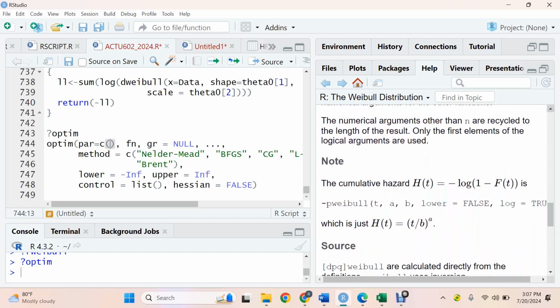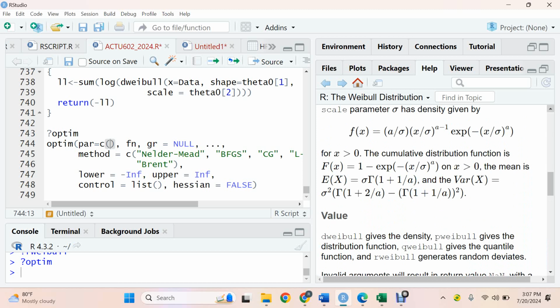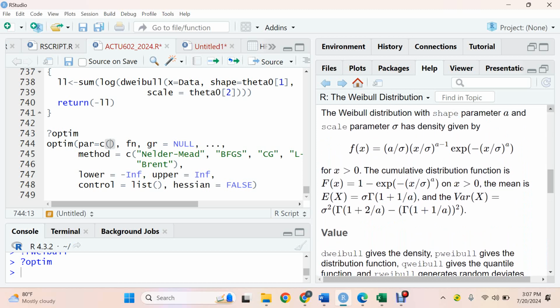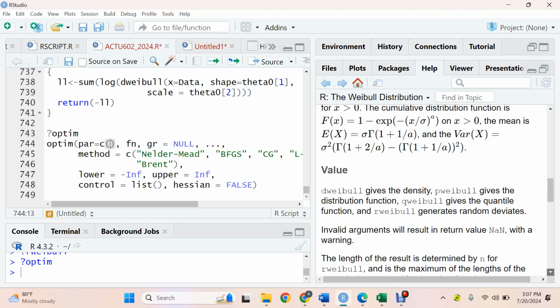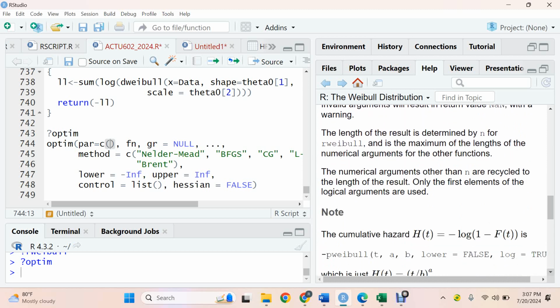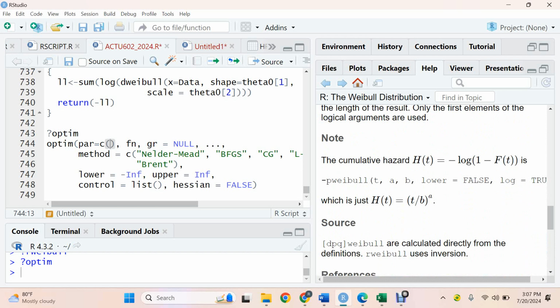The shape, let's see. If I have this as positive, if it is negative, so let's just pick 1. We'll pick, let's say, 1, 1, just to be on the safer side.